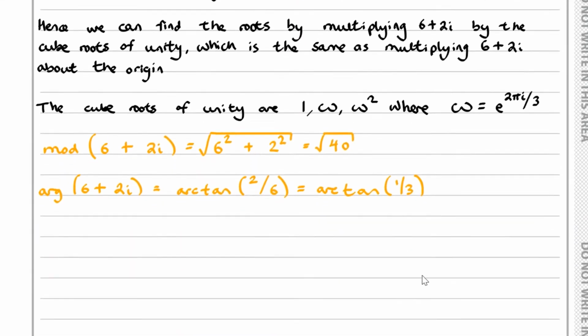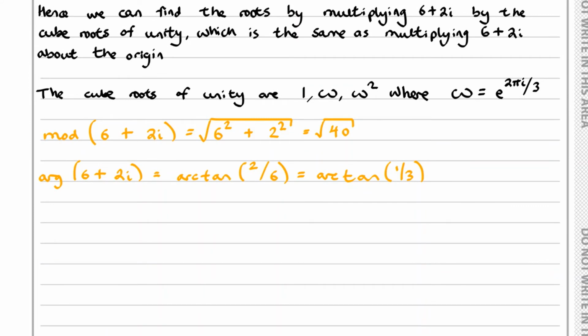Therefore, what we can conclude from here is that we have root 40 times e to the power of i times the arctan of 1/3.